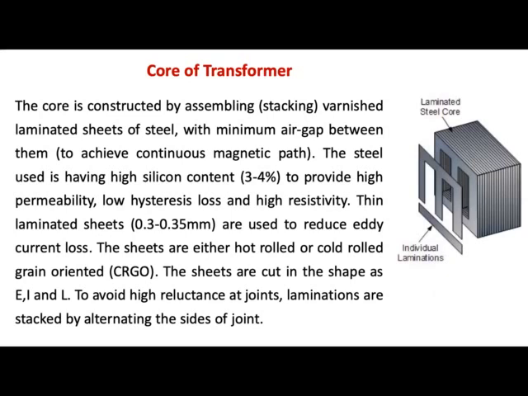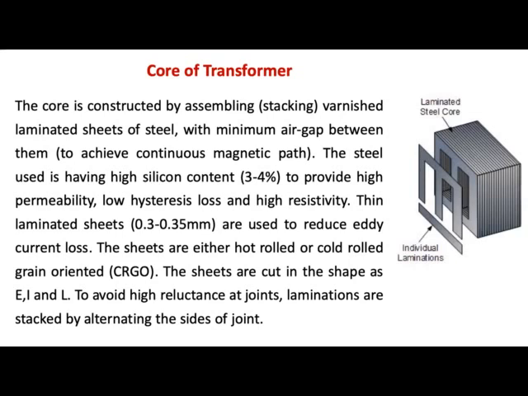The core of the transformer is constructed by assembling or stacking varnished laminated sheets of steel with minimum air gap between them to achieve a continuous magnetic path. The steel used has high silicon content, 3 to 4%, to provide high permeability, low hysteresis loss, and high resistivity.